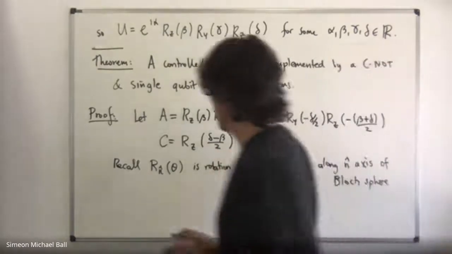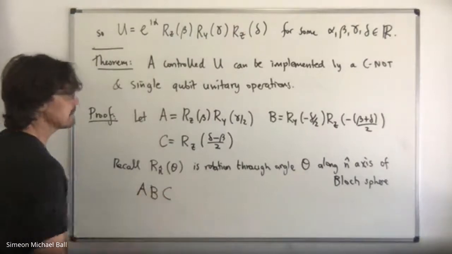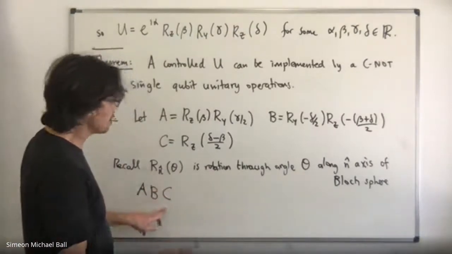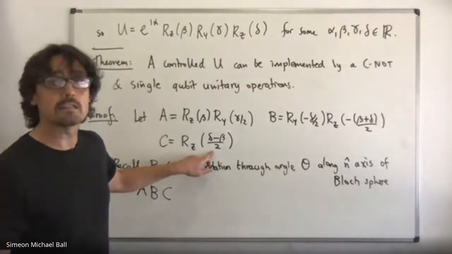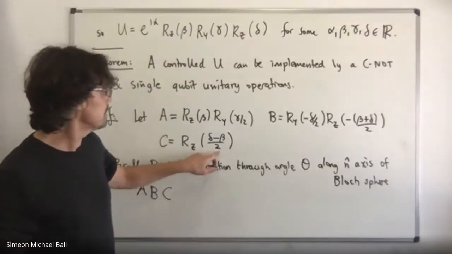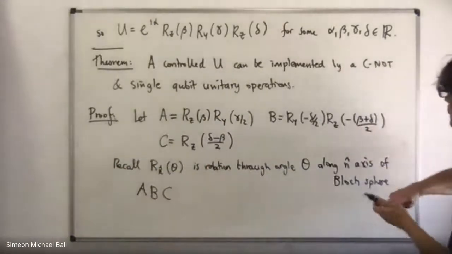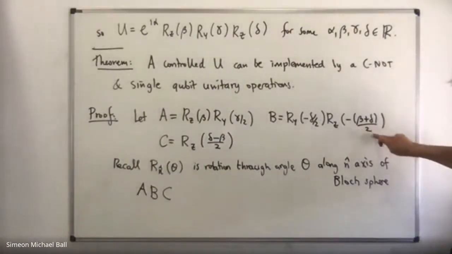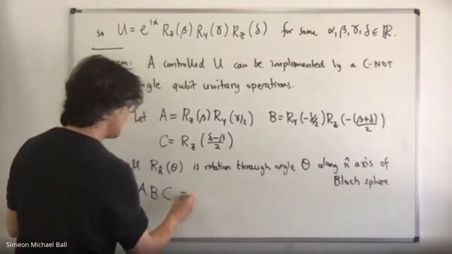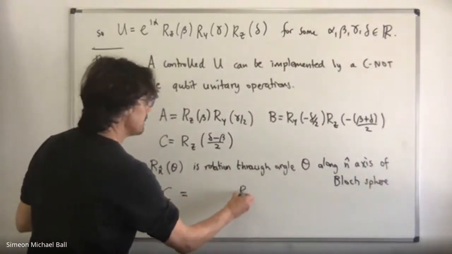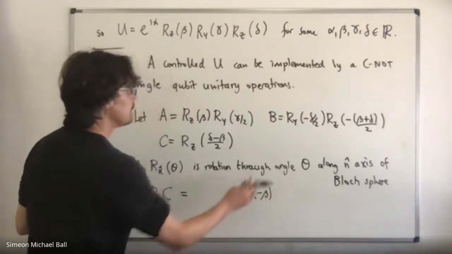Okay, so let's work out what happens if we do A times B times C. So C is going first, it's going to rotate it along the z-axis by delta minus beta divided by 2, and then the B does the same thing, but rotates it from minus beta plus delta. So here we've rotated, so this is going to be a rotated by Z through the minus beta.